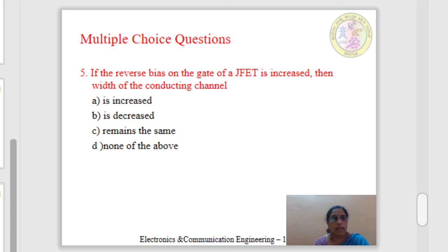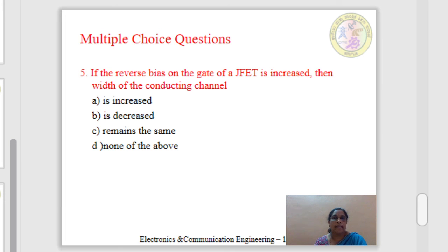And we have the last question, that is, if the reverse bias on the gate of the JFET is increased, then what is the width of the conducting channel? The options are increased, decreased, remains the same, none of the above. So what might be the answer for this? When the reverse bias on the gate of the JFET is increased, the space charge regions are going to increase in their width.